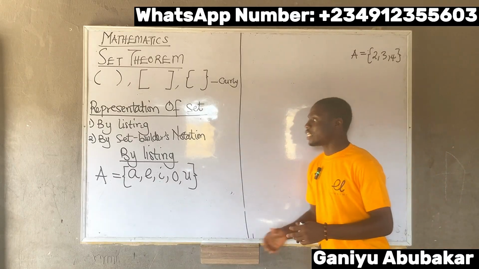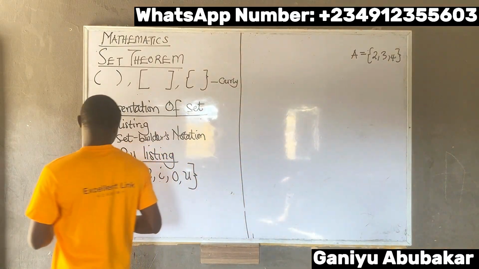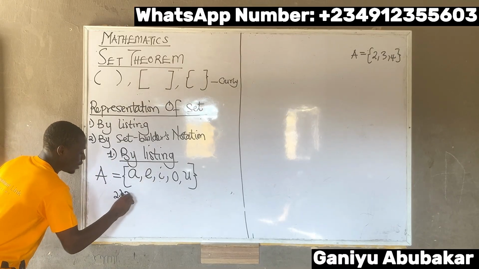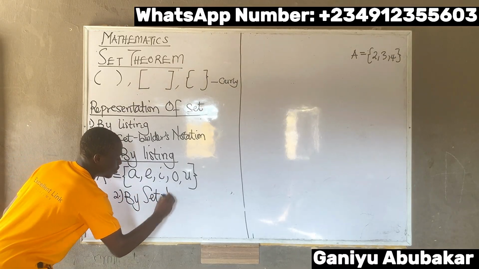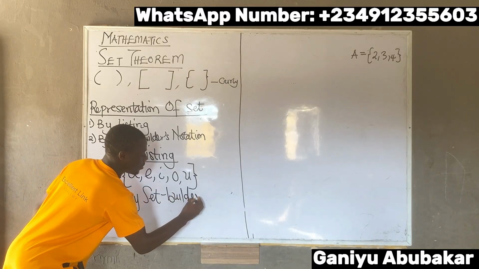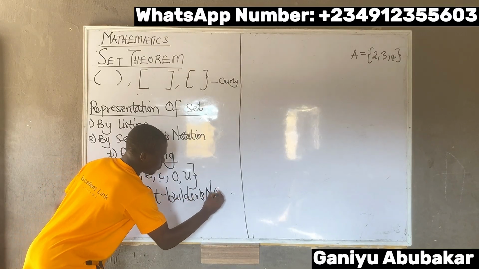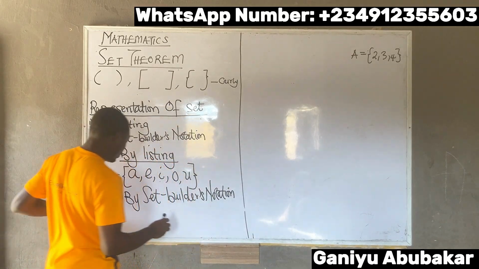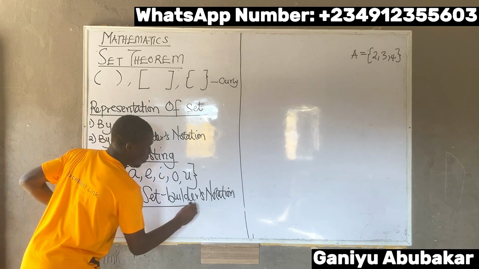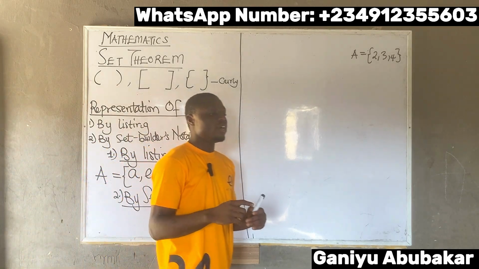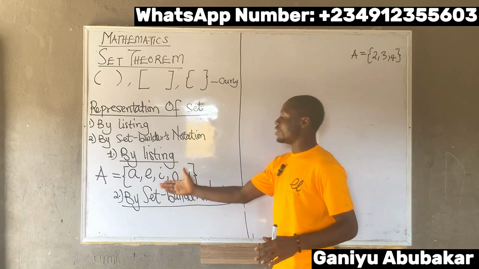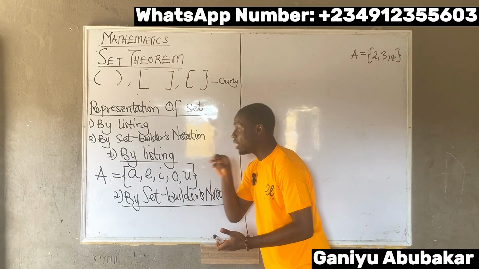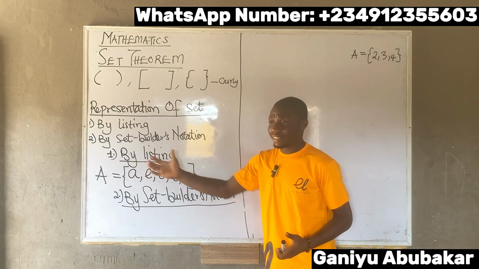Number two, let's do by set builder notation. Now listen. For the first one, your ability to mention the elements one after the other determines the by listing concept.